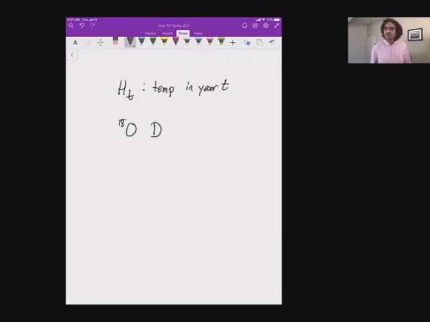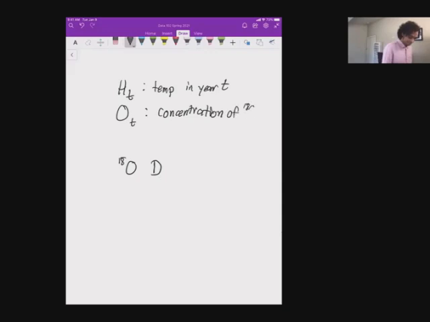But if you're solving a problem like this, you're probably going to be working as a data scientist with a climate scientist. Or if you're a climate scientist, then you can use the knowledge that you have about climate science to do this. Okay, so I have H sub t, and I have these quantities, the concentrations of deuterium and heavy oxygen. So I'm going to define big O sub t, which is the concentration of heavy oxygen at year t, and D sub t, the concentration of deuterium at year t.